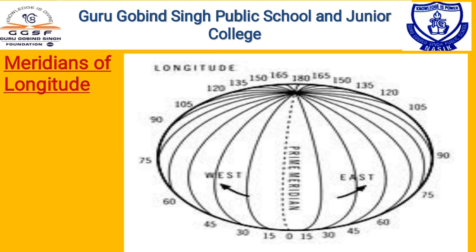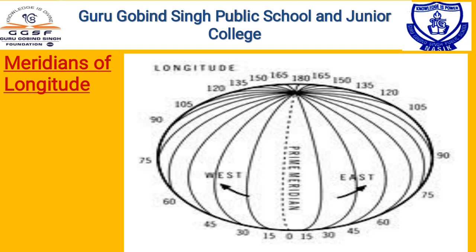The 0 degree and 180 degree meridians lie opposite to each other, and they form a circle.